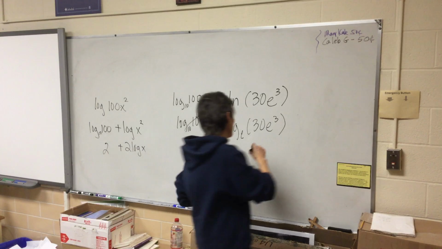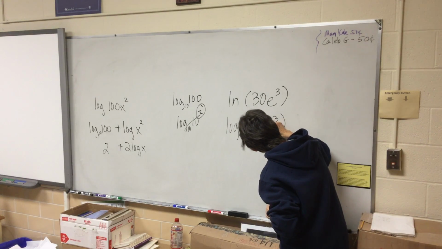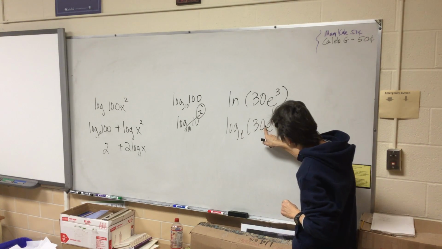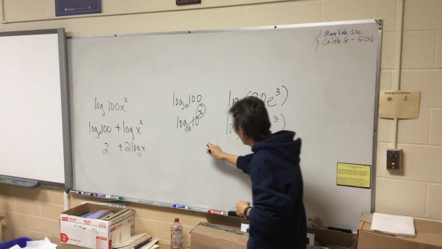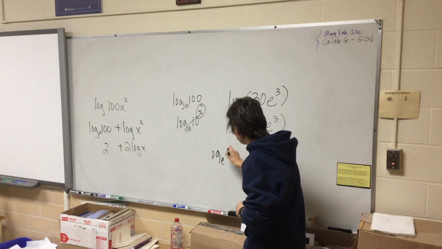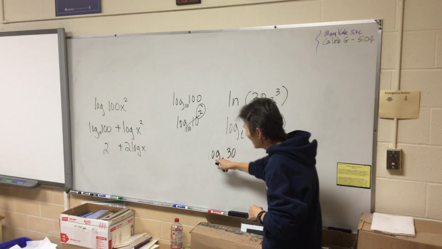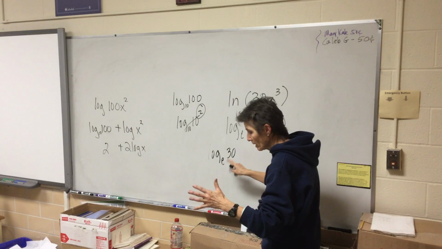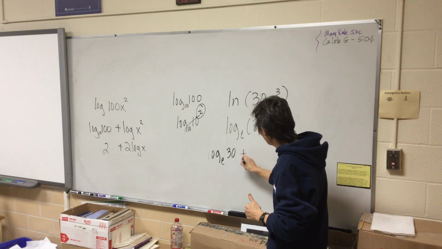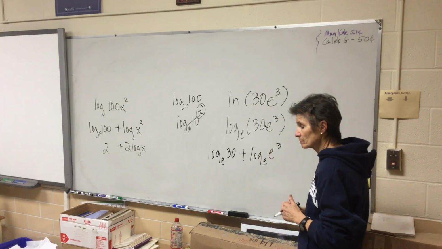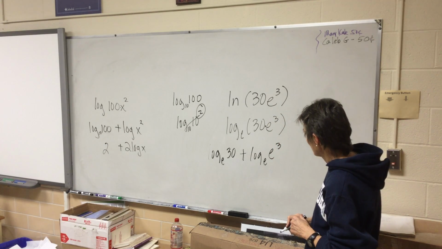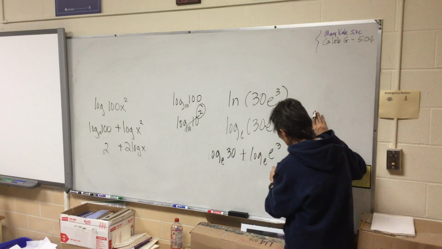Now, like the problem we just did, there's an understood multiplication in there. So when you pull this apart, it's going to be the log base e of 30, or ln 30, if you prefer, plus log base e of e cubed. Wait a minute.